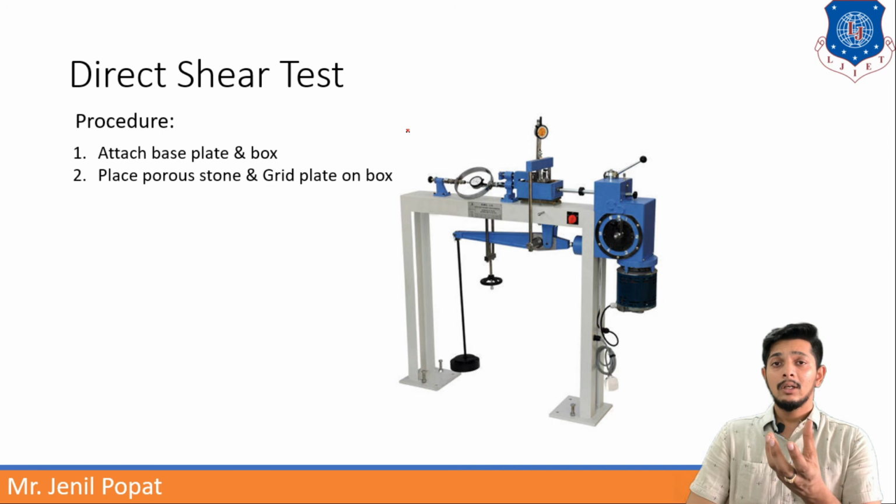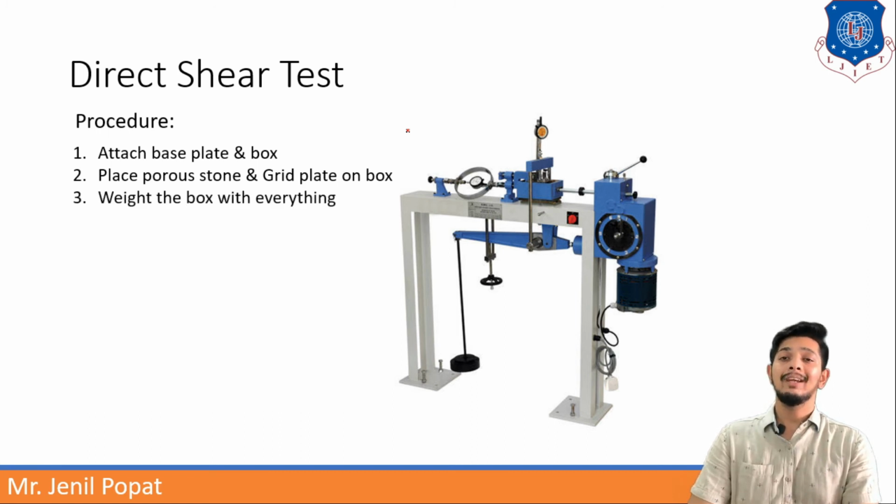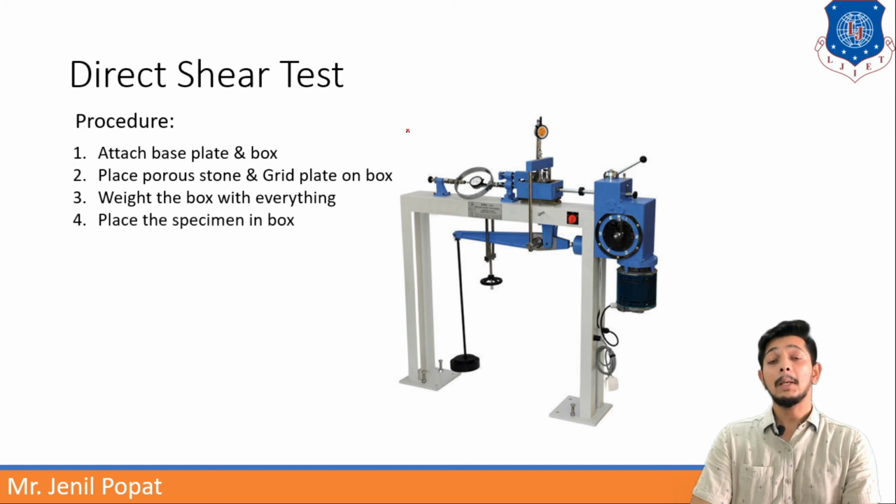So whenever the base plate and box are ready, you have to put two porous stones and a grid plate under this. Then you have to wait so that the box and everything can be weighed. Place the specimen in the box. So the specimen, or your soil which is prepared, should be put in the box.